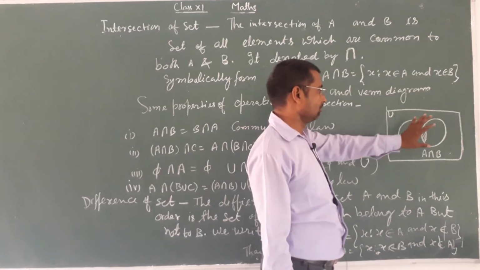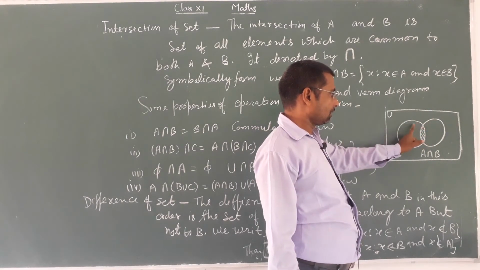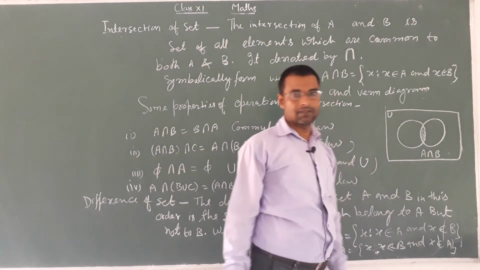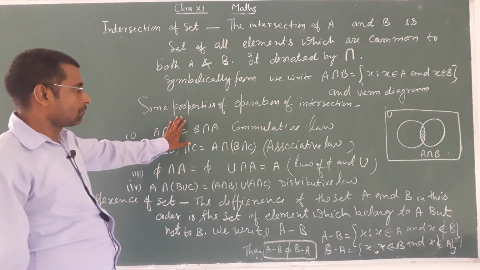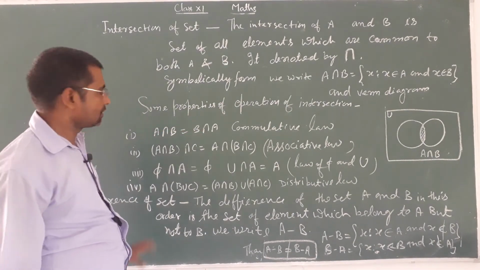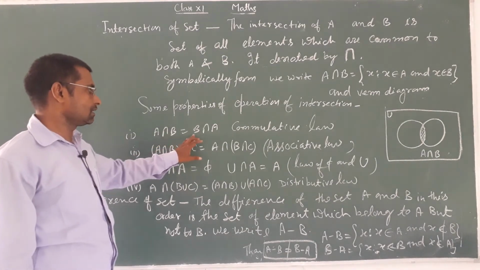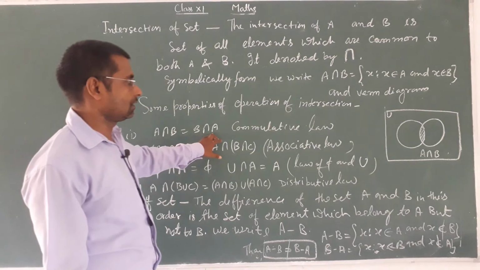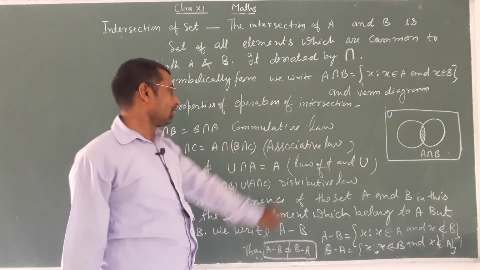Venn diagram: the common elements of both sets are known as the intersection of A and B. Some properties of the operation of intersection: A intersection B is equal to B intersection A. This is the commutative law.